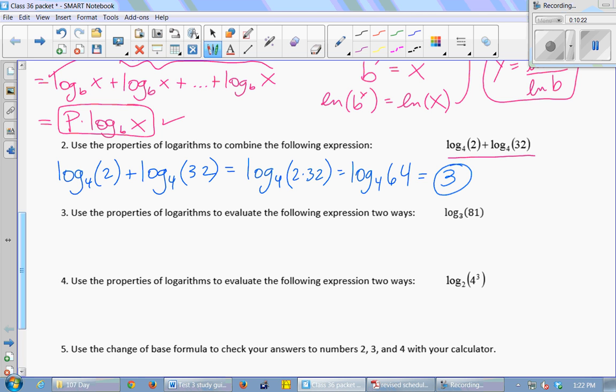So that comes out to 3. Yes, when I have base 4, that's the base in the exponential. So this is a log base 4. So that means 4 to the what gives you 64.